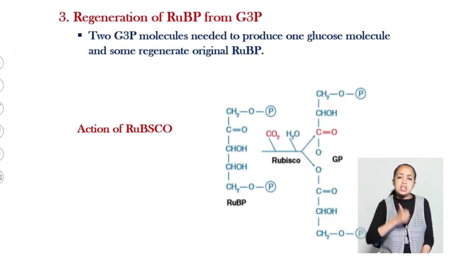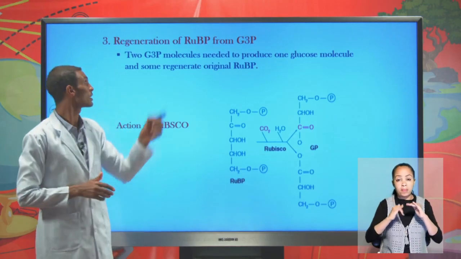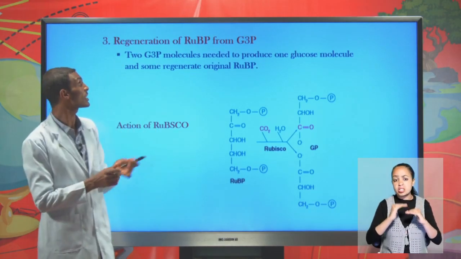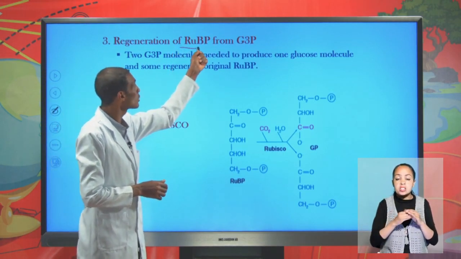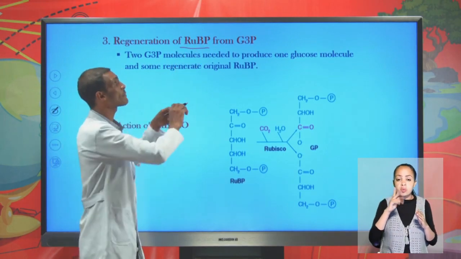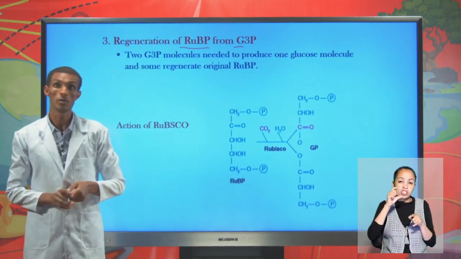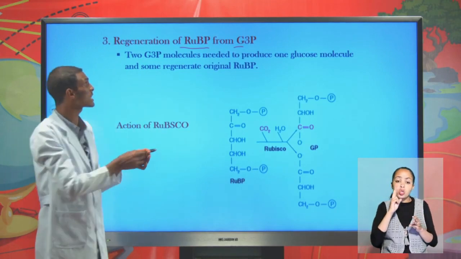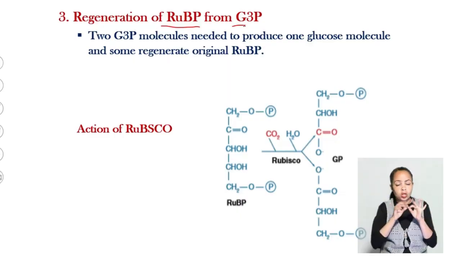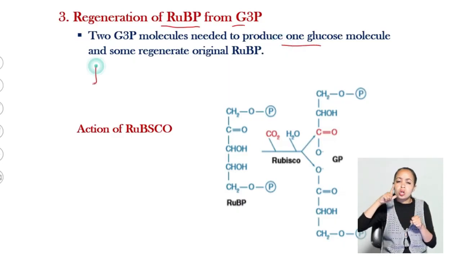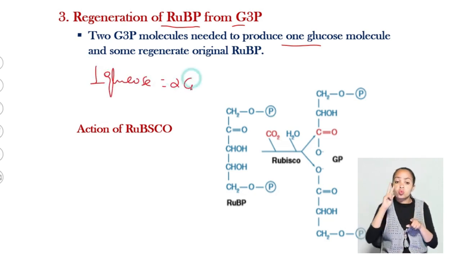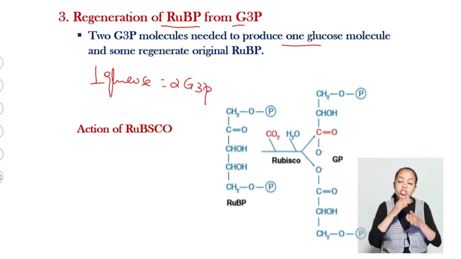The third most important step of the Calvin cycle is the regeneration step. This involves regenerating ribulose bisphosphate, the first immediate carbon-5 molecule, from glyceraldehyde 3-phosphate. Two glyceraldehyde 3-phosphate molecules make one glucose molecule, whereas the others are involved in regenerating ribulose bisphosphate.